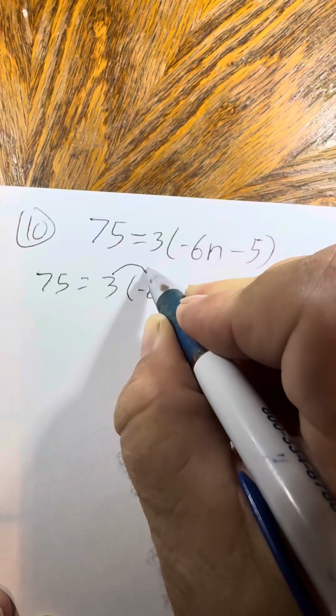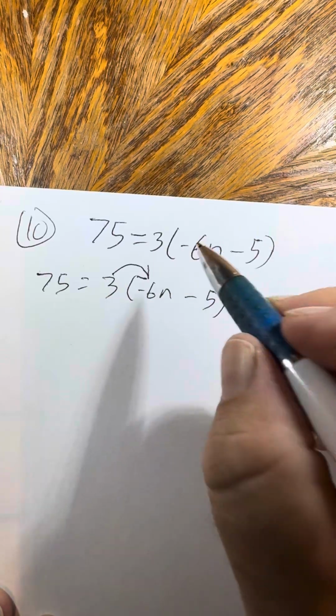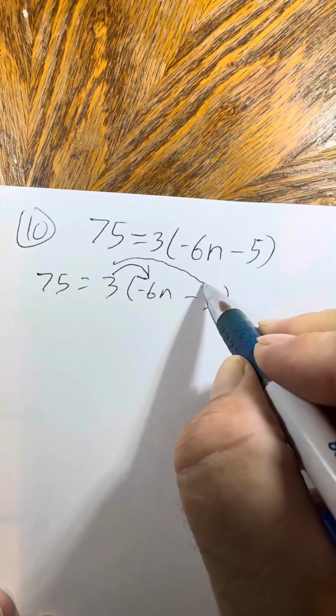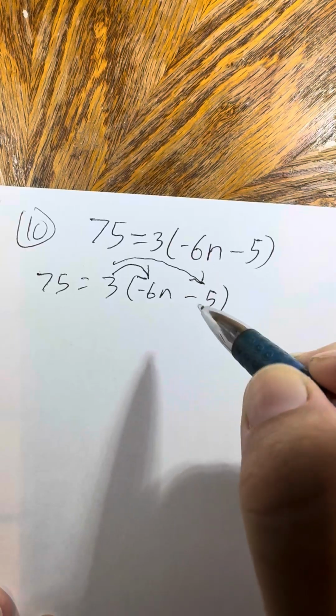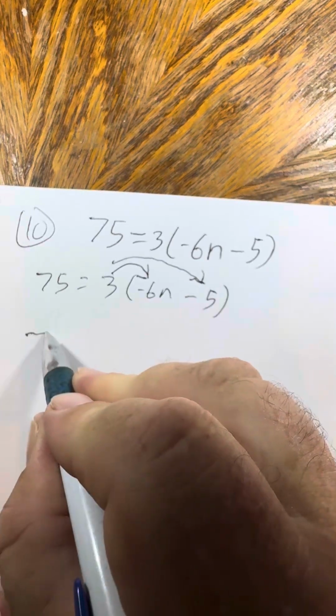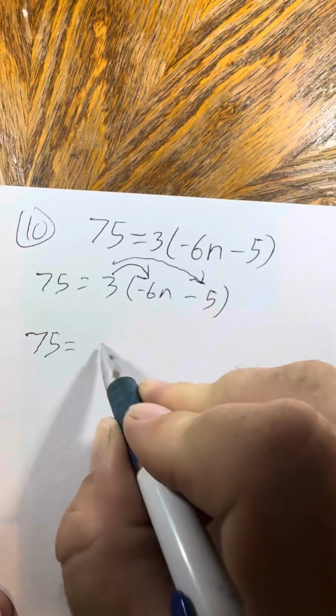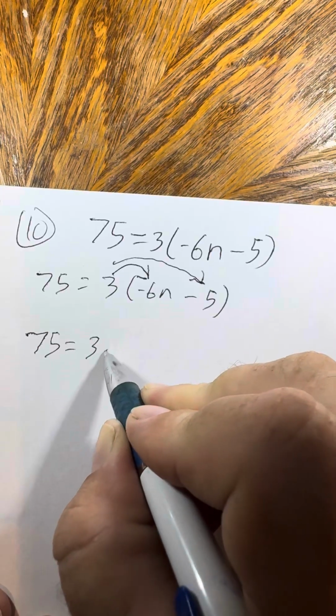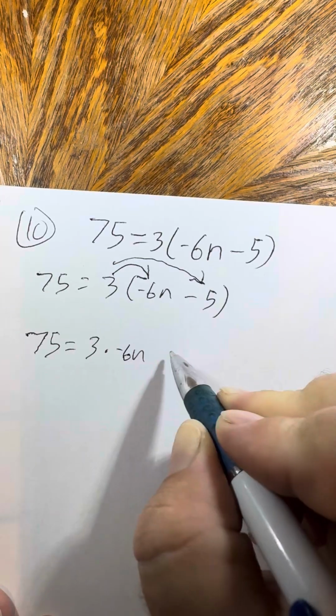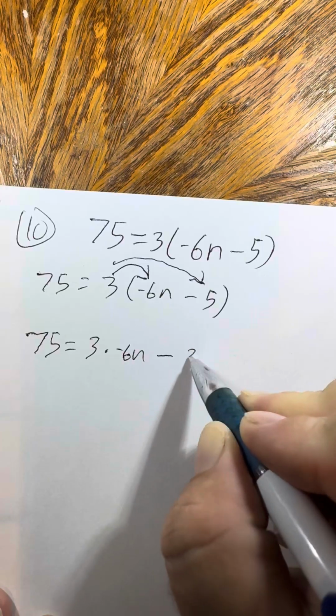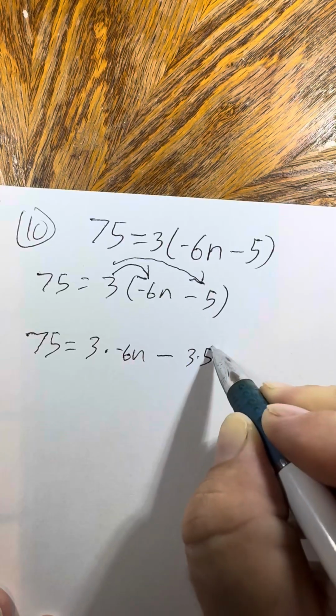Let's show it differently this time. Negative 3 times negative 6n minus negative 3 times 5.